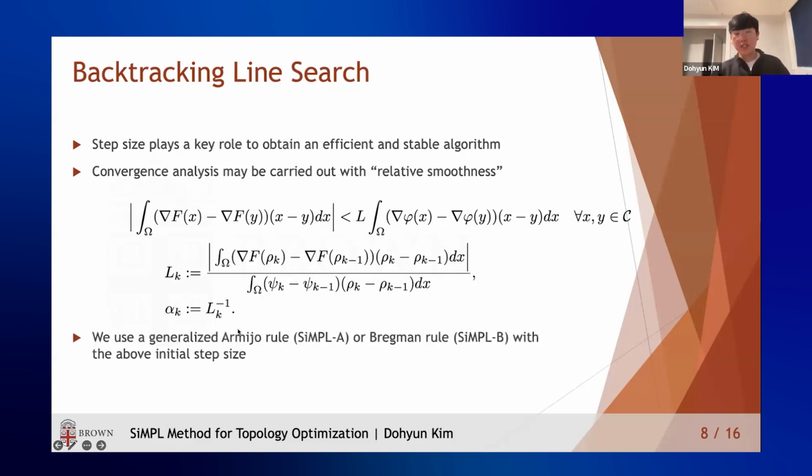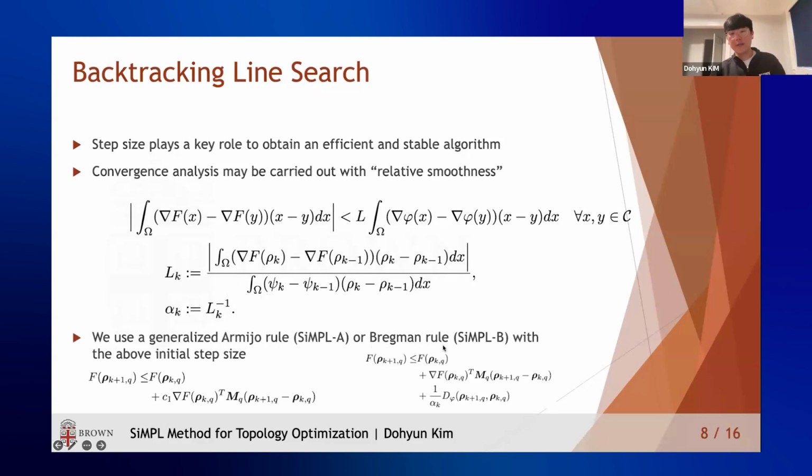And we further utilize the backtracking line search algorithm. We have two types of backtracking line search. One is the Armijo rule, and the other is the Bregman rule. On the left, we have the Armijo rule, which basically measures the sufficient decreasing condition with the user-defined parameter C1.